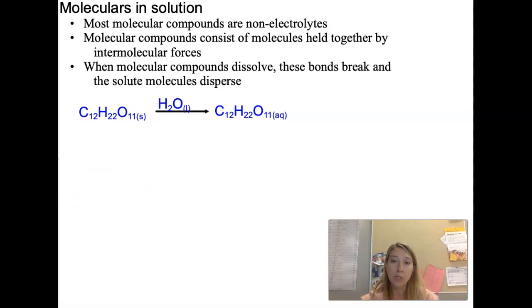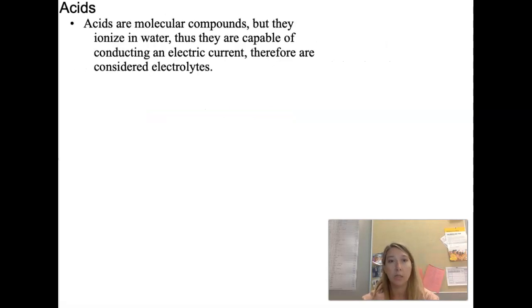There is an exception to this, though. There's one type of molecular that we get to do something special with, and that is an acid. So acids are molecular compounds, but what we find is they ionize in water, right? And usually you guys are familiar with by now the fact that acids have hydrogen, and they're going to produce that hydrogen ion in solution. But they don't do it the same way ionics do it.